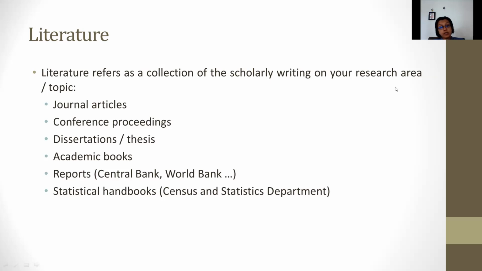It includes journal articles, conference proceedings, dissertations, theses, academic books, reports published by well-known institutions and organizations, and statistical handbooks. Right? So how do we search those things? Today we let you know how to use the online platform to search the available literature.